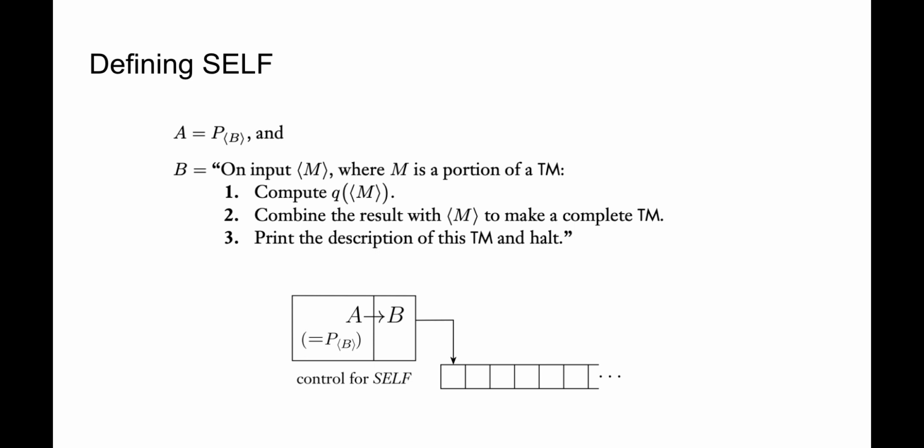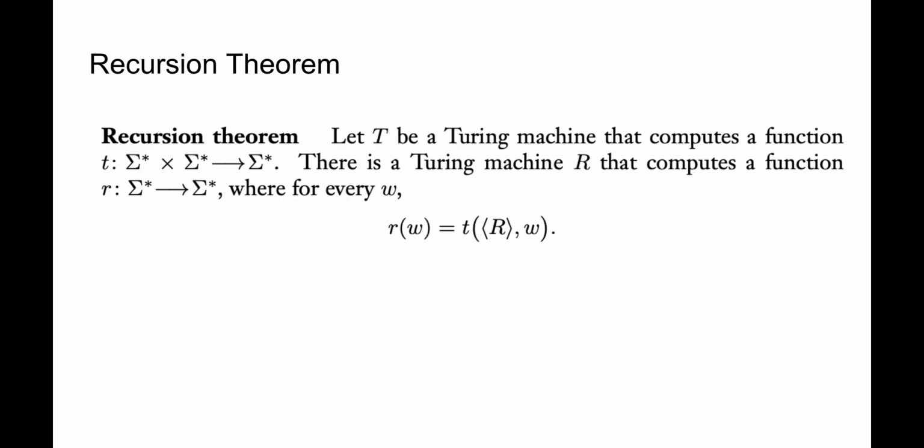So now let's go ahead and take a look at the actual definition of the recursion theorem. This is a bit technical. It's saying that if we have a function t, which takes in a description of a Turing machine as well as an input string w, then the recursion theorem states that there must exist another Turing machine that can compute the same thing without needing to take in the encoding as input.